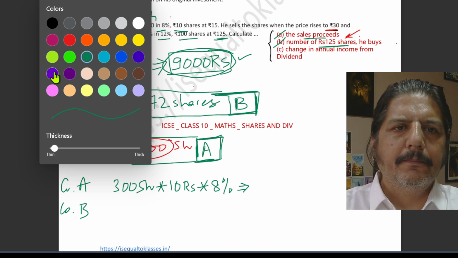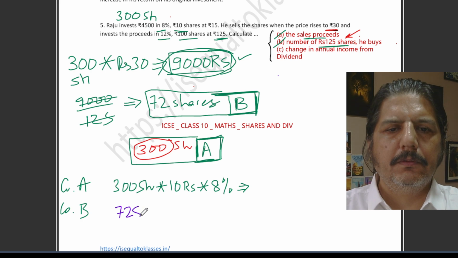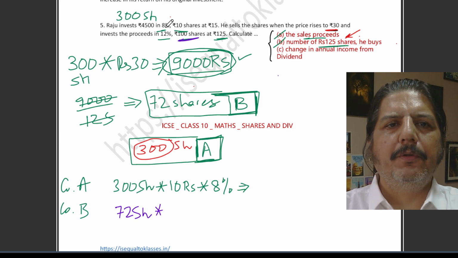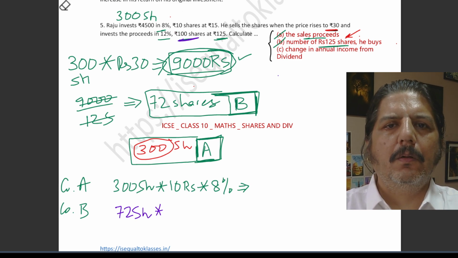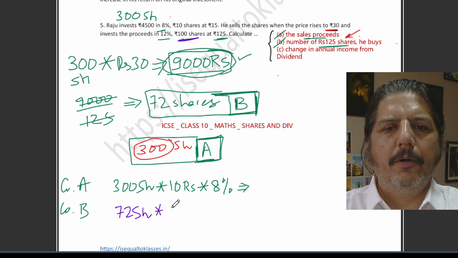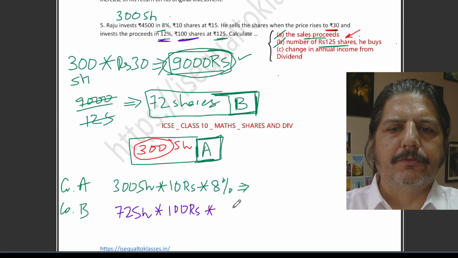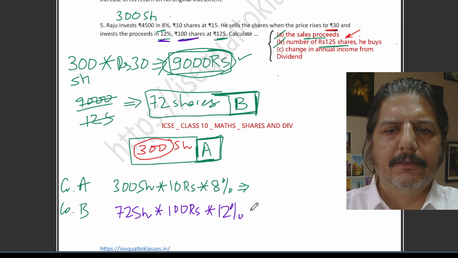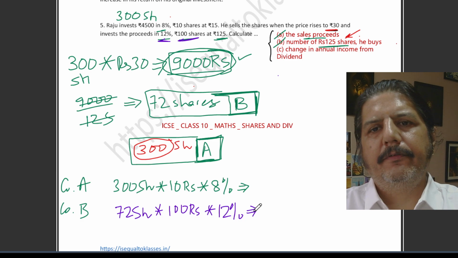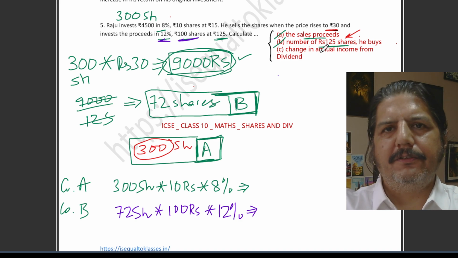For the second company, he has 72 shares. The par value of each share is rupees 100. Rupees 100. And he is getting a dividend of 12%. So again, I'll calculate the dividend. And from A to B, I can see the change in annual income.